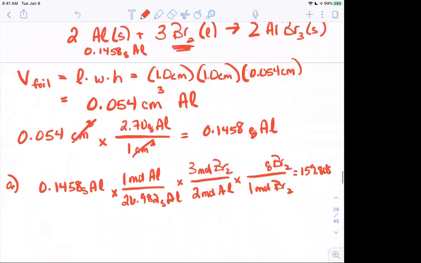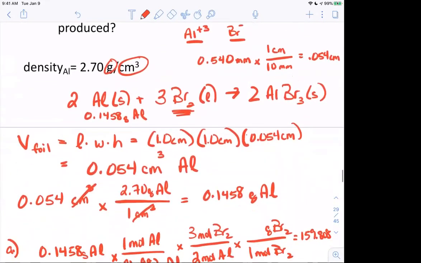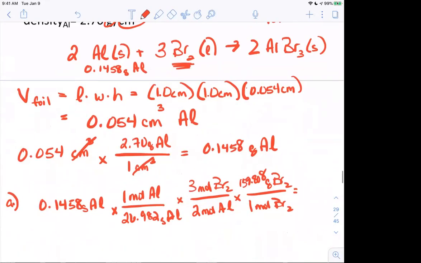Oops. Why did I put that there? That's the molar mass. So that gives me 159.808 grams of Br2 as the molar mass. So I'm just going to check my units. Grams of aluminum cancel with grams of aluminum. Moles of aluminum cancel with moles of aluminum.